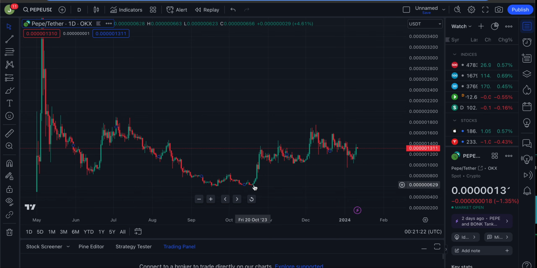As it's coming up here, people are buying it, the price is going up, up, up, and then all of a sudden it starts dropping and dropping, and then it gets purchased again, and then dropping again, more or less around the same area.